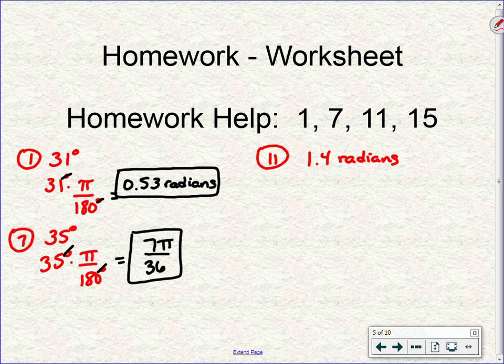So we're going to take 1.4 radians we want to convert to degrees. So you better have your degree on top, so 180 degrees over pi, and you type that exactly as is into your calculator. 1.4 times 180, divide that by pi, and it says to round to the nearest hundredth, so 80.21 degrees.